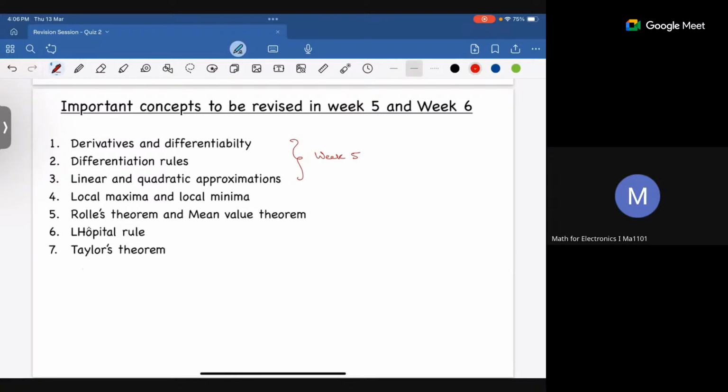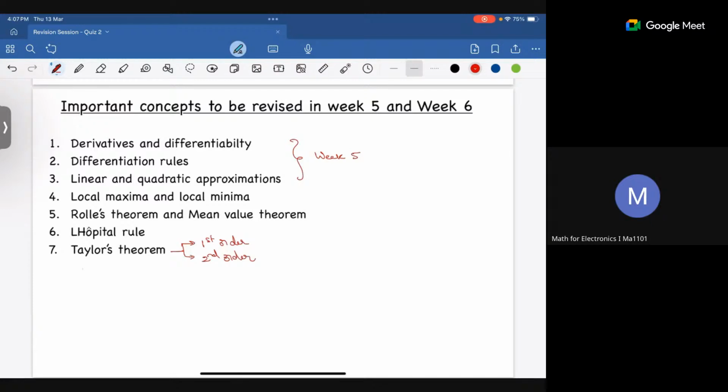Week 6 is applications of derivatives. You should know how to compute local maxima and local minima, given any function. You should really understand Rolle's theorem and the mean value theorem, and a beautiful rule which is L'Hopital's rule, and also Taylor's theorem. If you are unable to understand the generalized Taylor's theorem, that is fine. At least the first order and the second order are important, not beyond that.